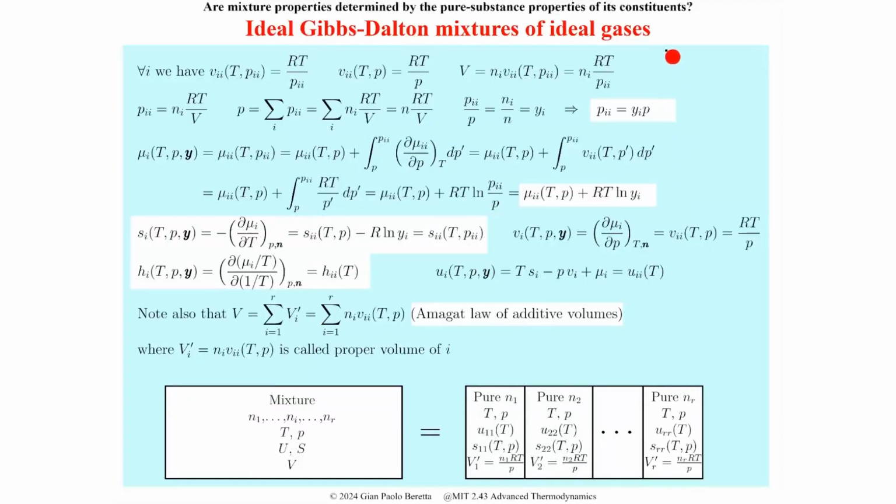The first few lines of this slide are just cut and paste from the previous. But here we add some other items. For example, we compute the partial entropy of the component in the mixture, which, as you remember, is this derivative.